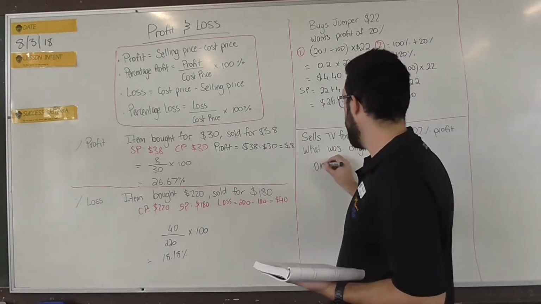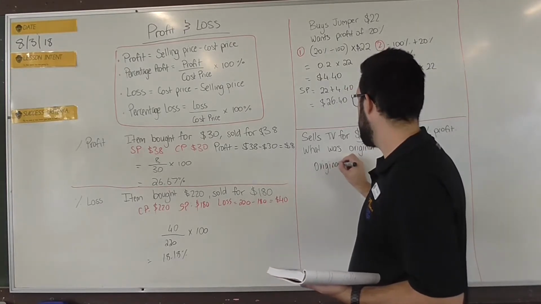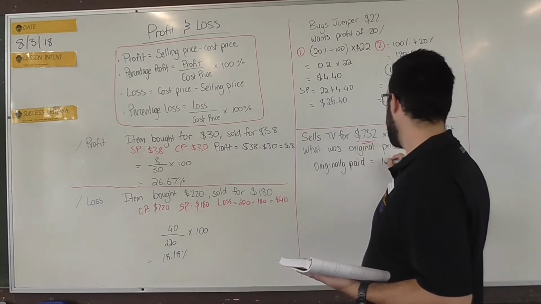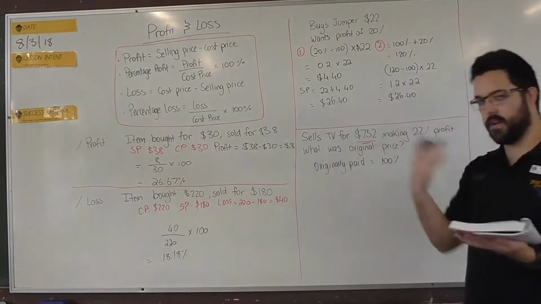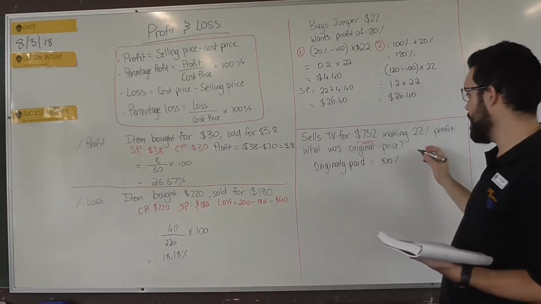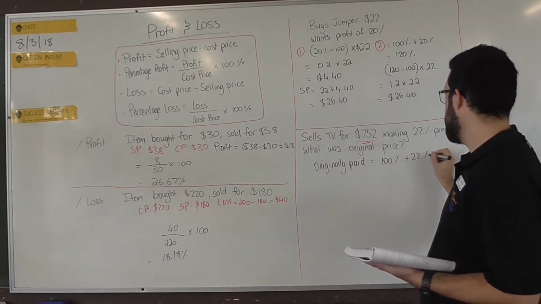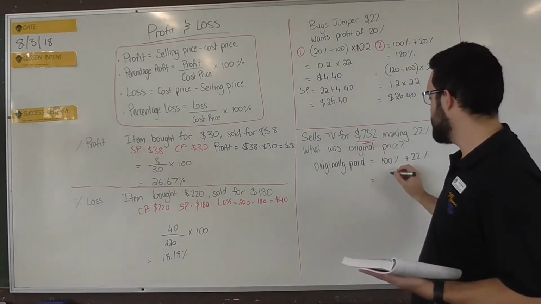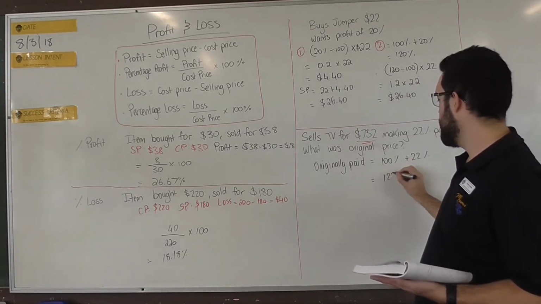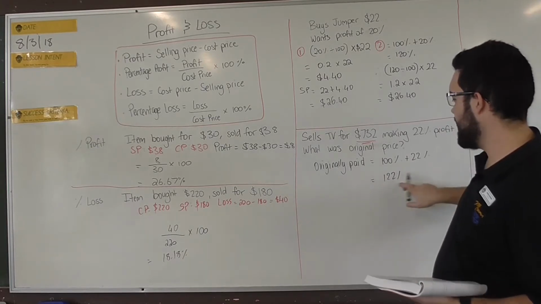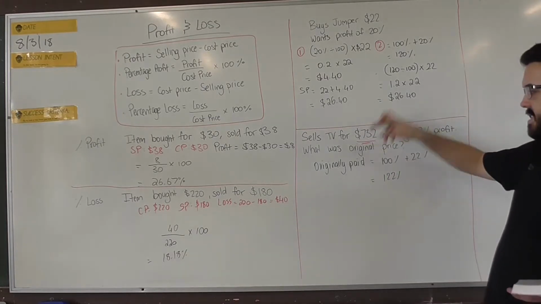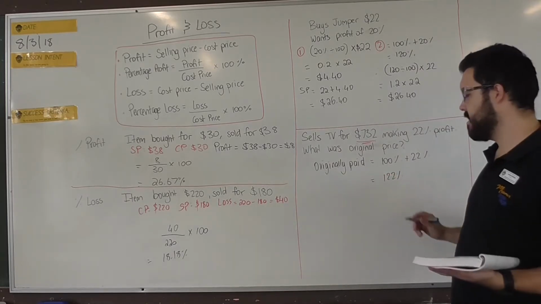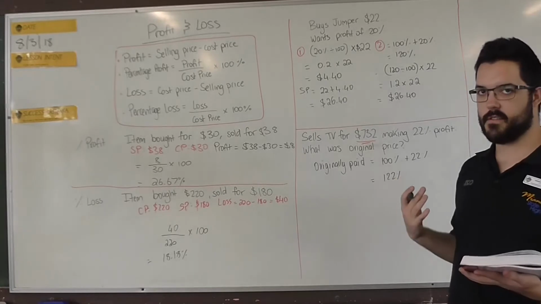So we originally paid 100% of its value, and we bought it for 100% of its value. We then made 22% on top of it. So that means that 122%, this price here, the $732, represents 122% of whatever the original cost was.